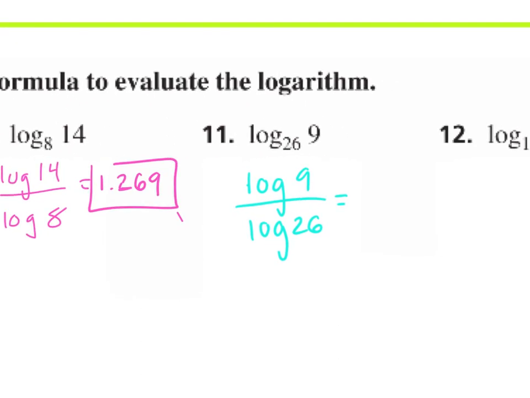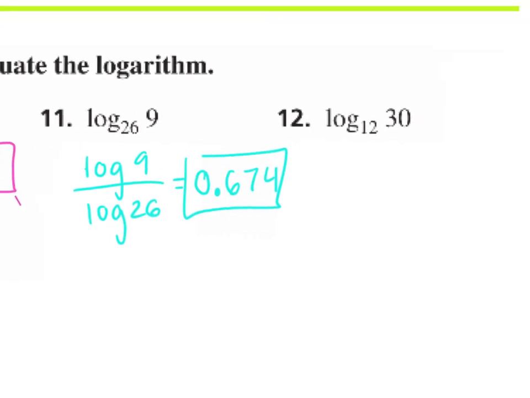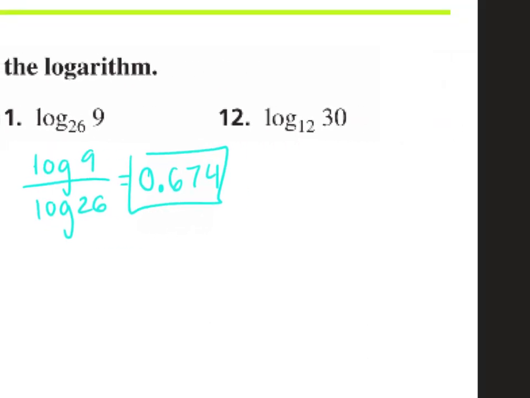What'd you guys get? 0.674. And then last one, number 12. What goes on top? Log of 30. What goes on the bottom? Log of 12. What'd you guys get? 1.079.